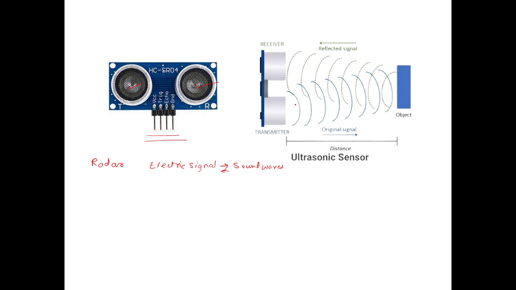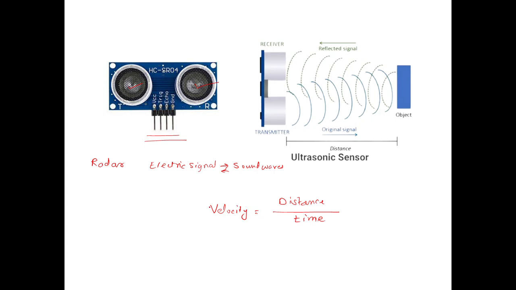Based on this travel, the distance at which the object is there is calculated, and for that the basic formula for velocity is used. We know that velocity is equal to distance upon time. Here the velocity is for the sound wave.